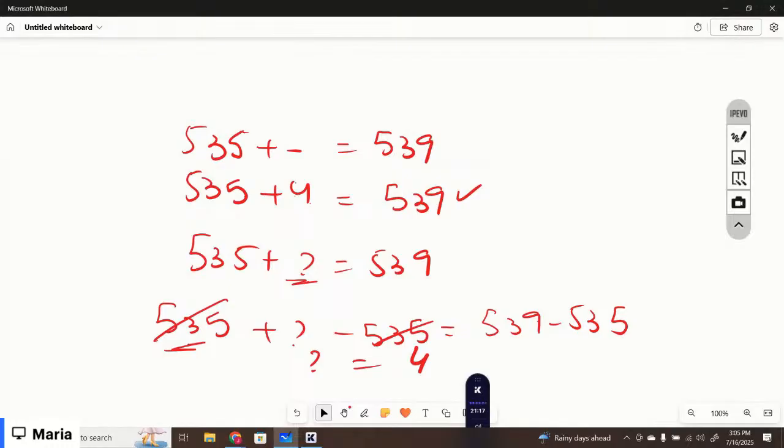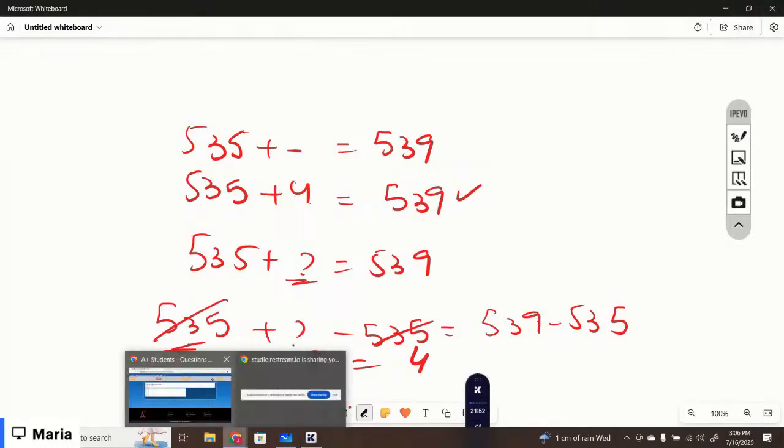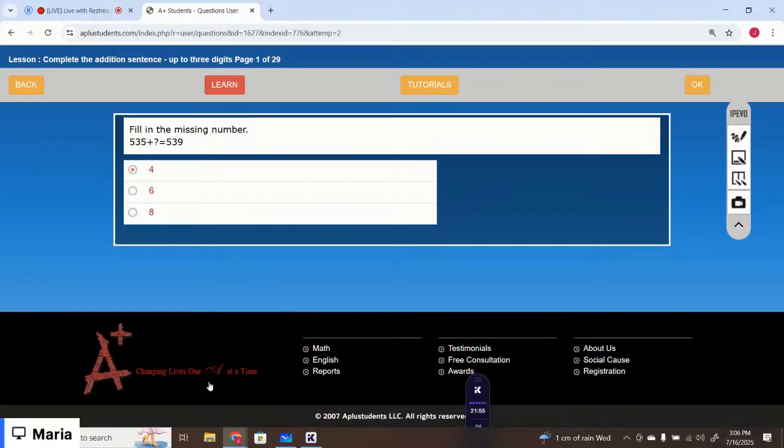So guys, you can just use the options here. That is option number 1.